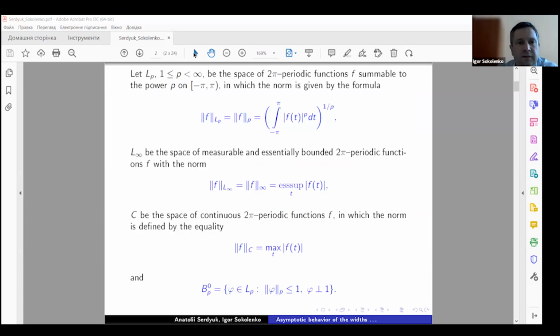Let L_p, L_infinity and C be the spaces of 2π-periodic functions with the standard norms L_p, L_infinity and C, and let B_0^p be the unit ball of the space L_p of functions phi which are orthogonal to 1.